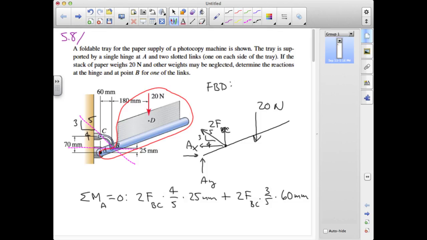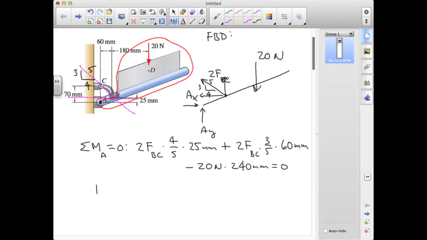The only other force that's contributing a moment is the 20 newton load, and we can see that that moment arm is 240 millimeters, so I have minus 20 newtons times 240 millimeters equals 0. So if I just rearrange that, I get FBC is equal to 20 newtons times 240 millimeters on the right-hand side.